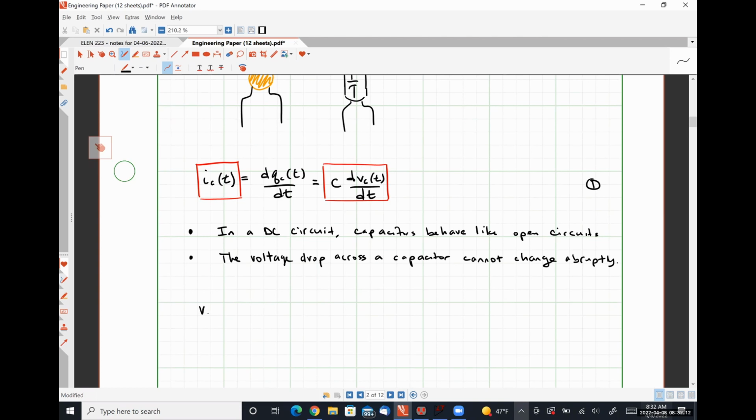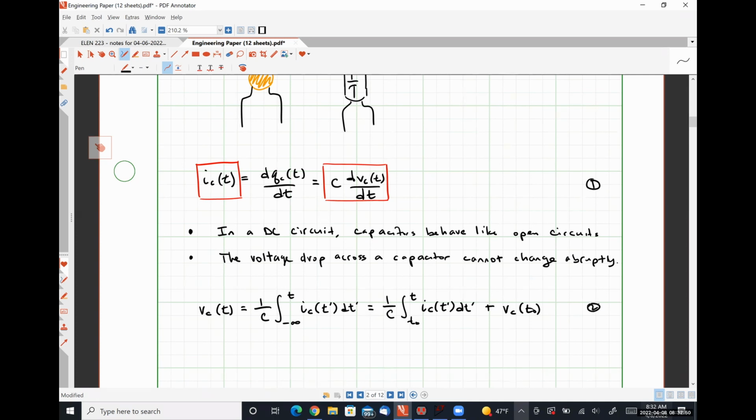That equation is Vc(t) = 1/C times the integral from -infinity to t of Ic(t') dt', or we could write 1/C times the integral from t0 to t of Ic(t') dt' plus Vc(t0).